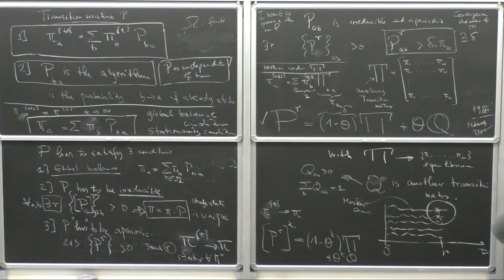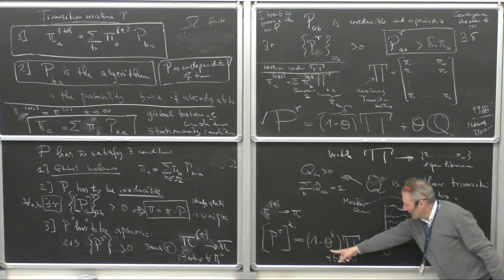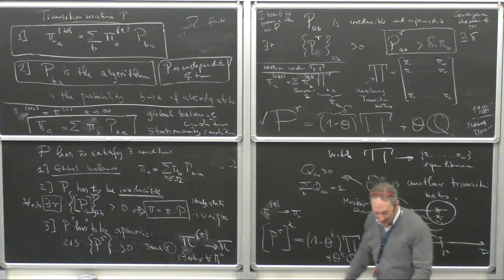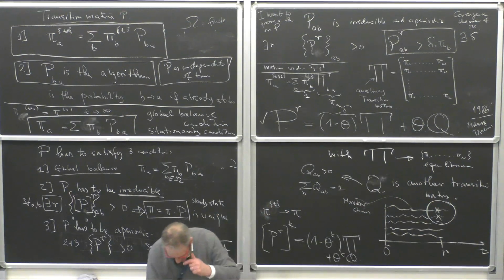From that positive matrix, I took out the transition matrix pi at some time, and then I did some geometric trick. It's very easy to see that if you take this again to the power of k, then you have 1 minus theta to the power of k. All right, so now I'm going to continue a little bit, if you allow.